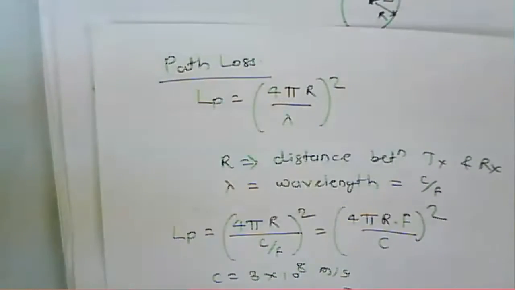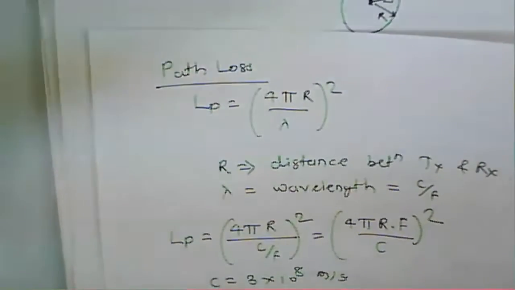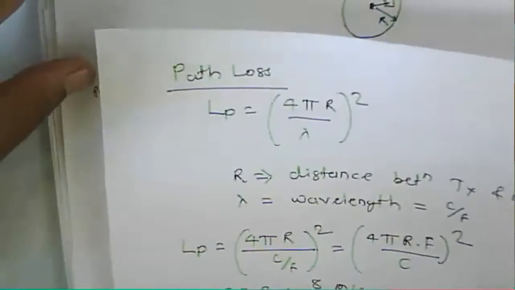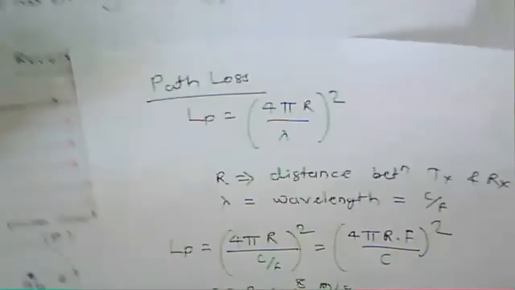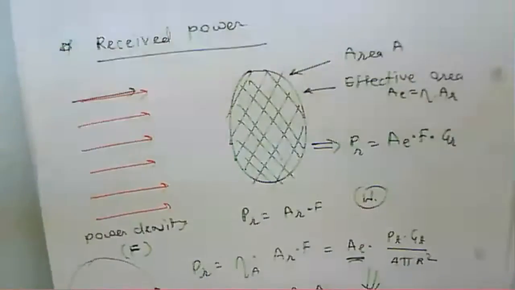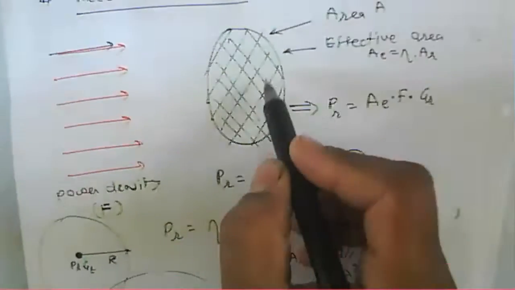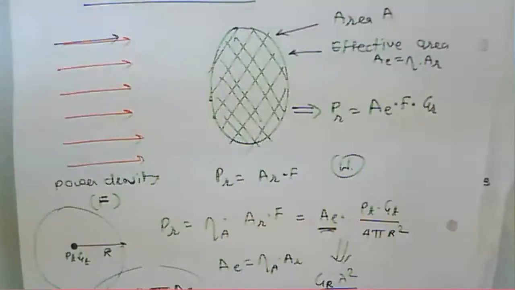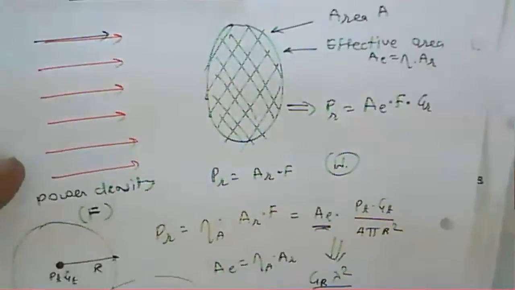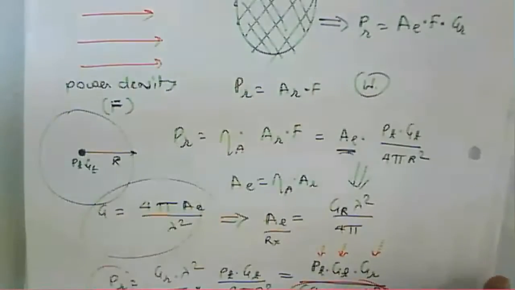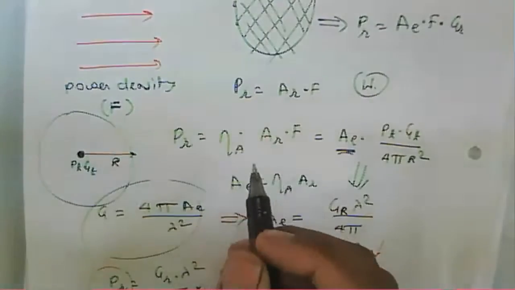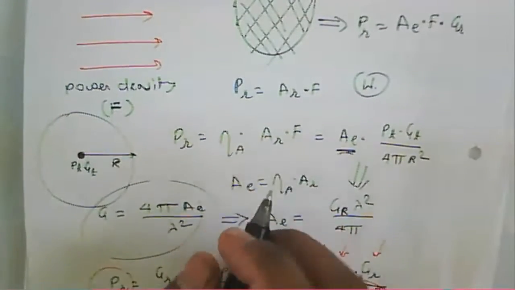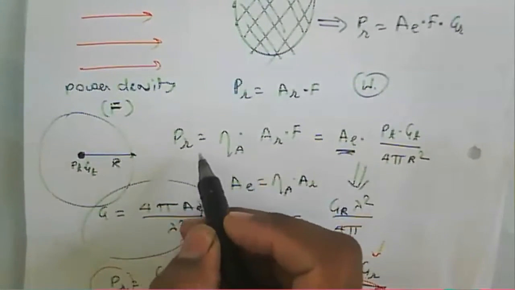So today we'll see how the received power is calculated for the satellite link. For the received power, we have to consider some particular effective area, and then for the given effective area, we need to see what the antenna efficiency will be.